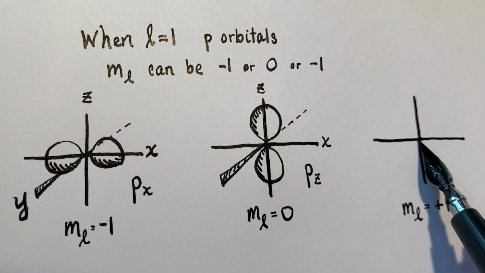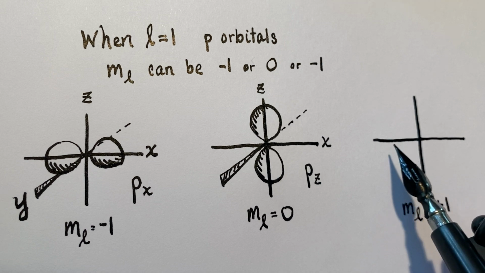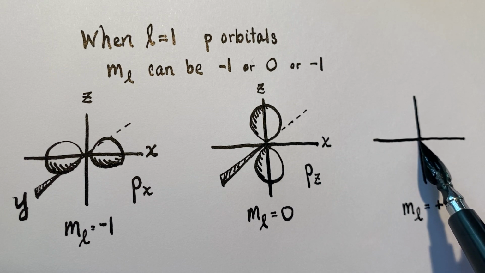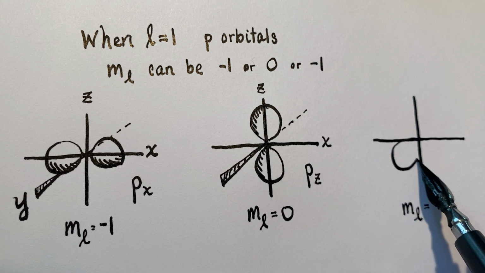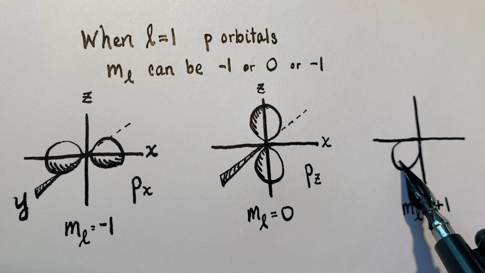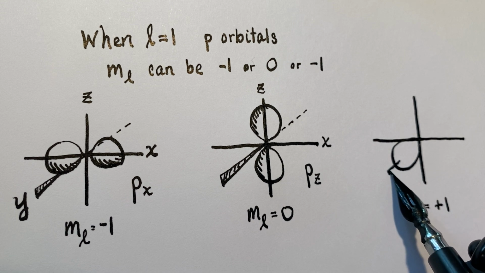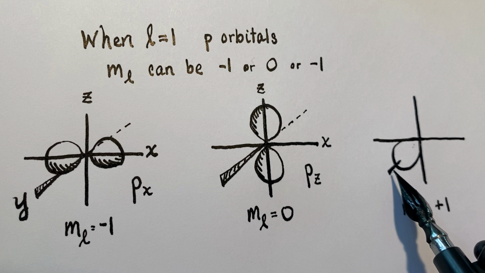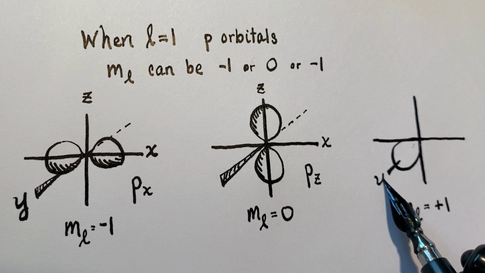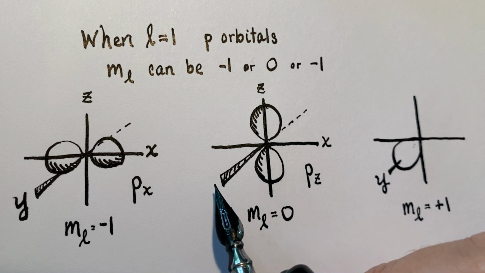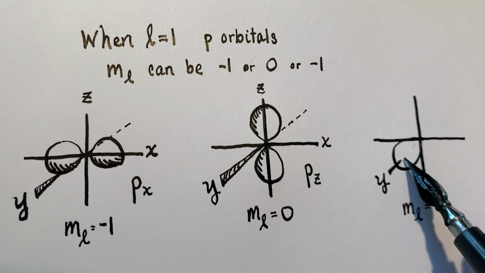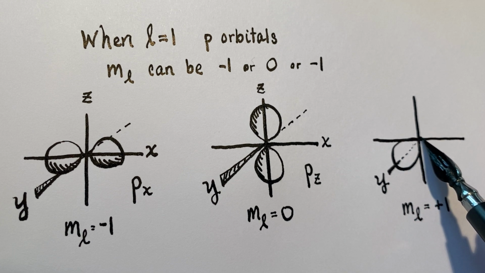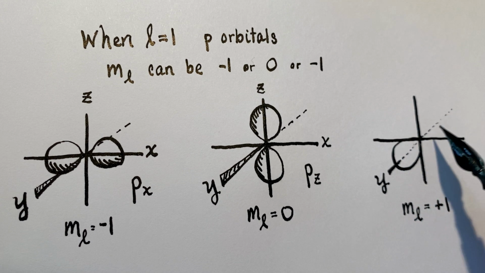This one's a little bit harder to draw because it's going to be coming out of the paper here. So I might just draw the lobe coming out towards us first, and then have our y-axis kind of coming out from this lobe. Oh, that reminds me, I didn't label my y-axis over here. Same here.